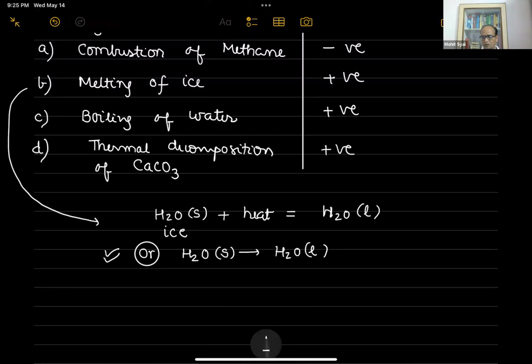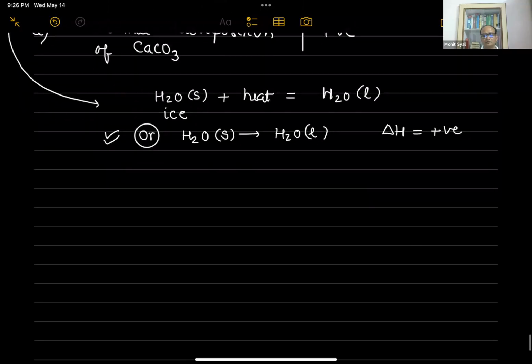Because you are doing it at constant pressure, you are giving heat. Is it clear or not? Whatever the heat given depends upon the mass, the amount of ice which you are melting.